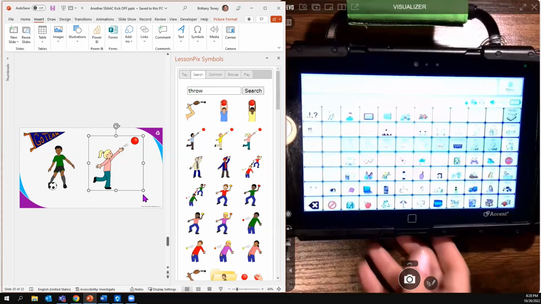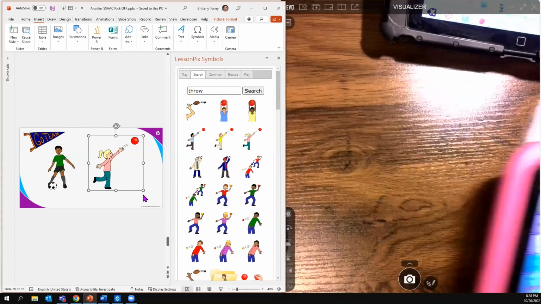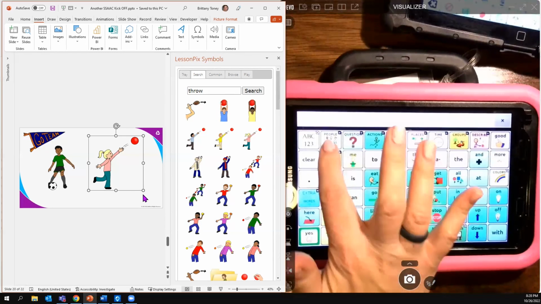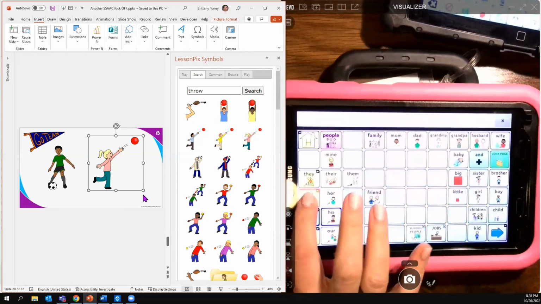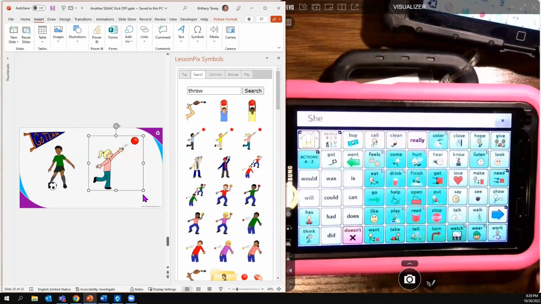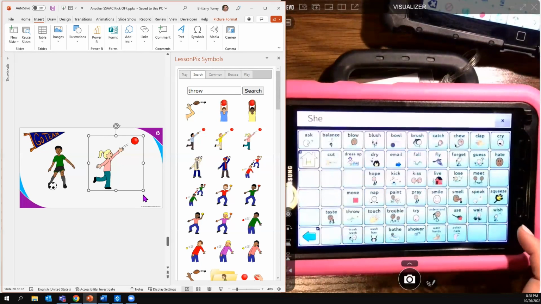And then if we wanted to model, so that's Unity, we wanted to model on Word Power. Go to our people, say she. And then it took me right to my verbs. So we're going to look for throw, which is alphabetical and always difficult for me to find.